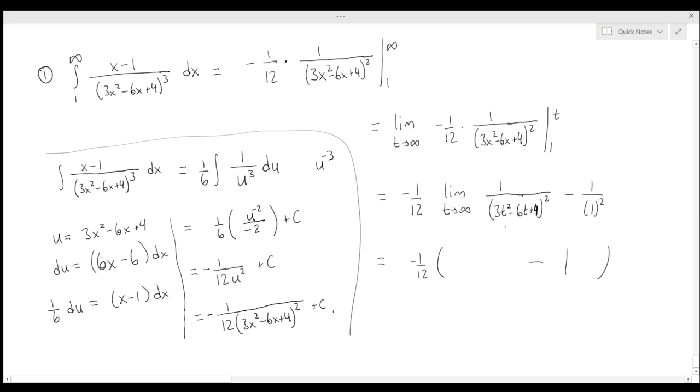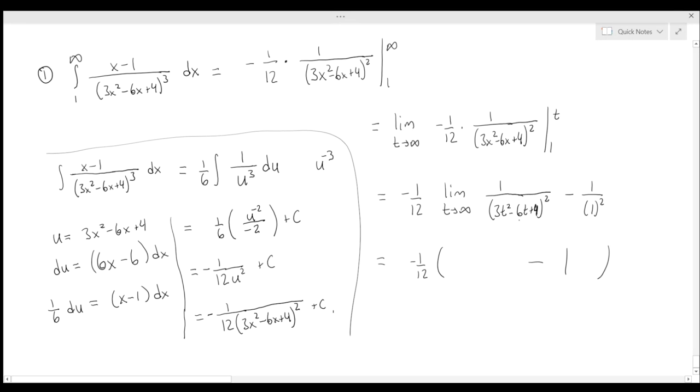As for this term here, I guess I can see why maybe it wouldn't be too clear, but as t approaches infinity, so the first term is going to be infinity, but I guess I see that it looks like you're going to get minus infinity for the second term.